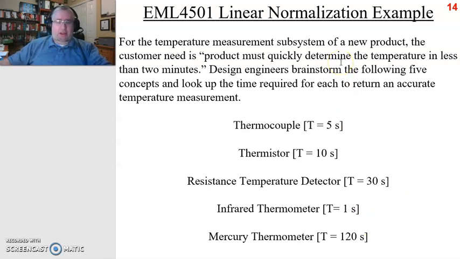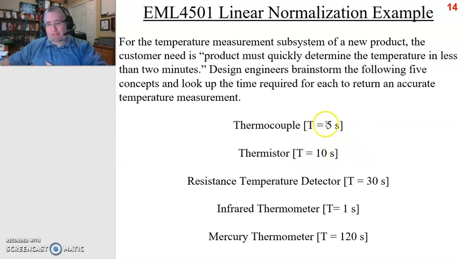So 5 ways to measure temperature: a thermocouple, a thermistor, an RTD, which is a resistance temperature detector, an infrared thermometer, and a mercury thermometer. And of course, this is an example, right? I picked each one of these intentionally because they each use a different kind of underlying phenomenon to measure temperature. And as a result, they have very different thermal settling times, right?